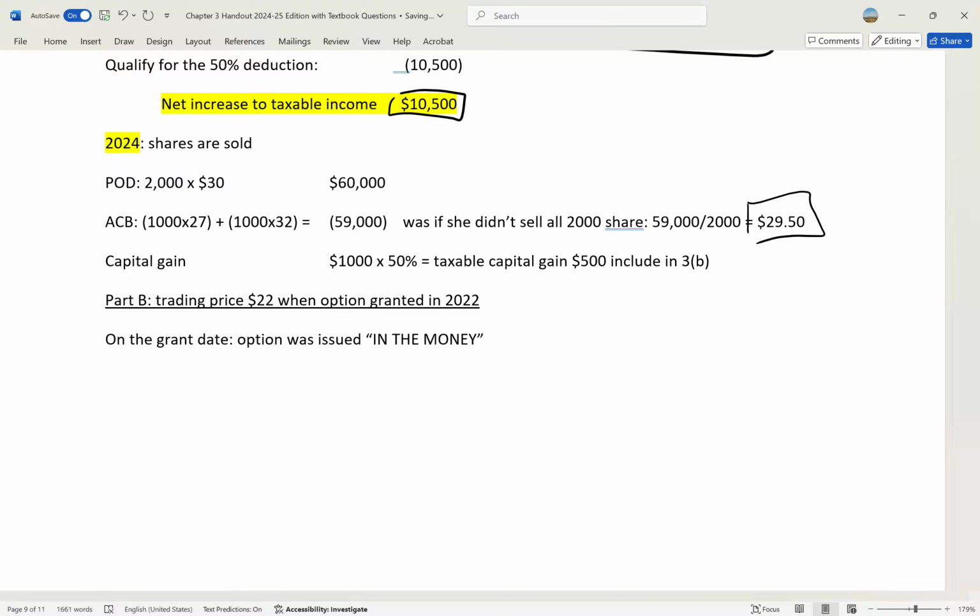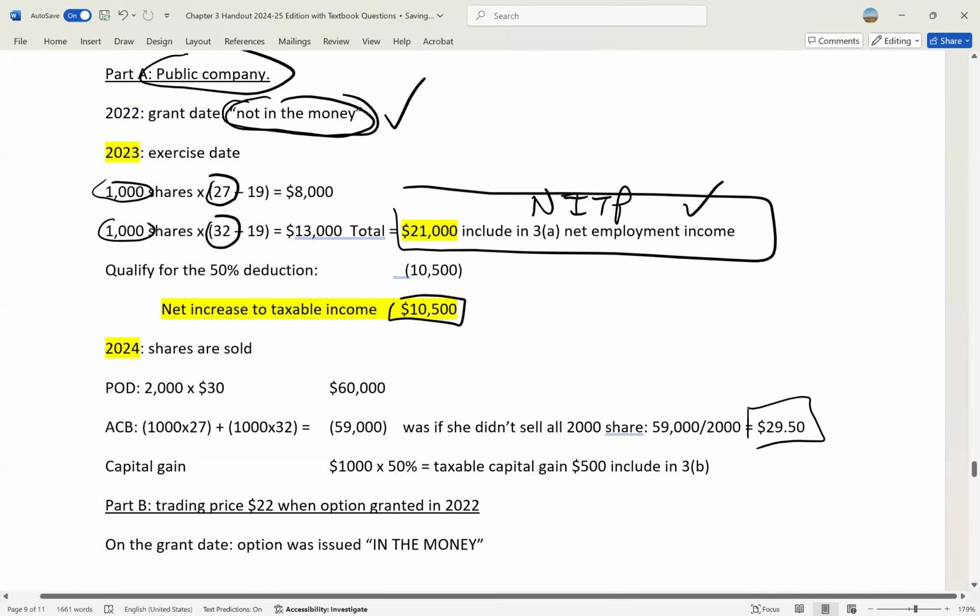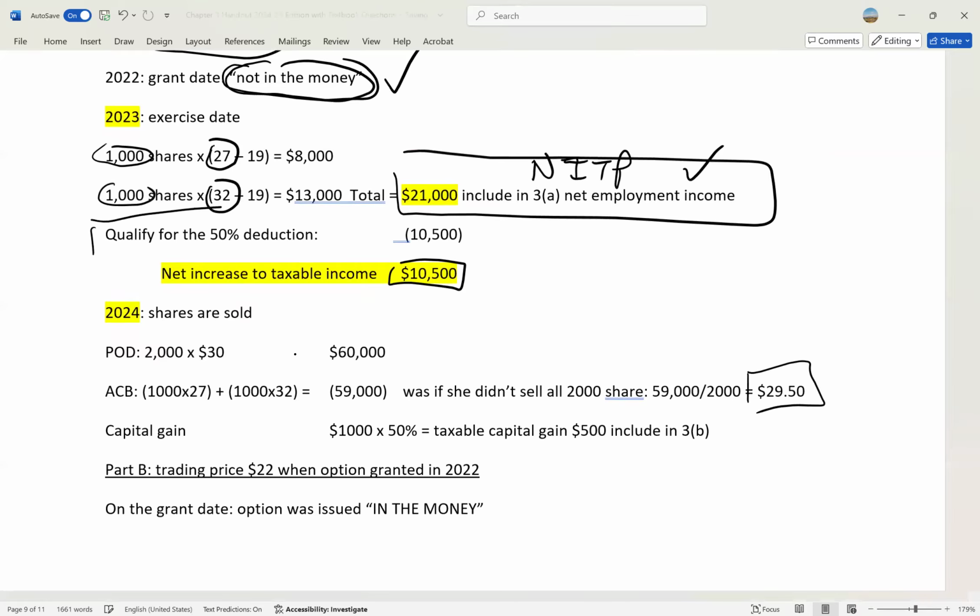So how would that change things? Remember we said that because this is a public company, the only way she can qualify for this 50% deduction is if the option was granted not in the money.